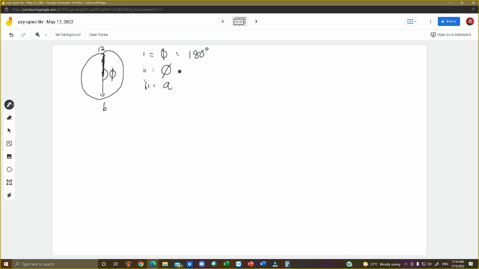How about dia punya theta? 180. Ada satu tertinggal. Apa dia? Radian. Ni. Kenapa negatif? Sebab dia bergerak ke bawah. Kan ni kan vektor displacement.